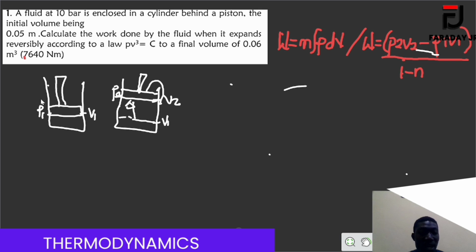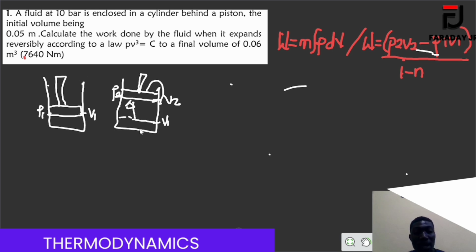So that is 10 bar. Then we also have the initial volume here, which is 0.05 meter cubed. So this is the volume that was given. Then lastly, we're given the final volume, which was 0.06 meter cubed.